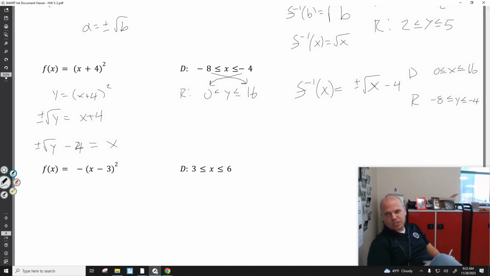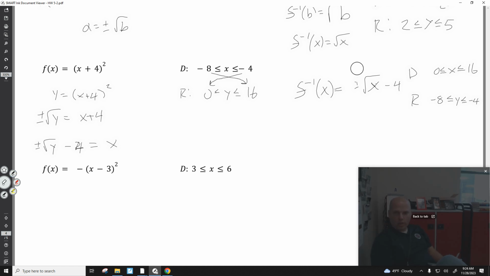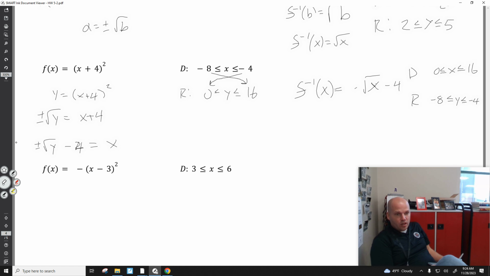If I plug in 16, I better get negative 8. If I plug in 16, I square root it. Well, usually you say the square root of 16 is positive 4. Well, positive 4 minus 4 is 0. But what we're saying is that if you plug in 16, you better get negative 8, which is why we need to undo this function completely, to reverse engineer, to bring these points back to where they started.